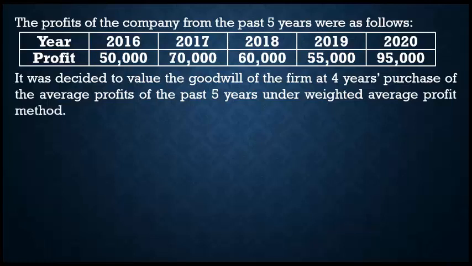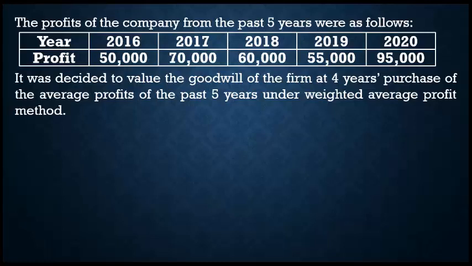In this problem, he asked to calculate the goodwill under weighted average profit method by purchasing 4 years.